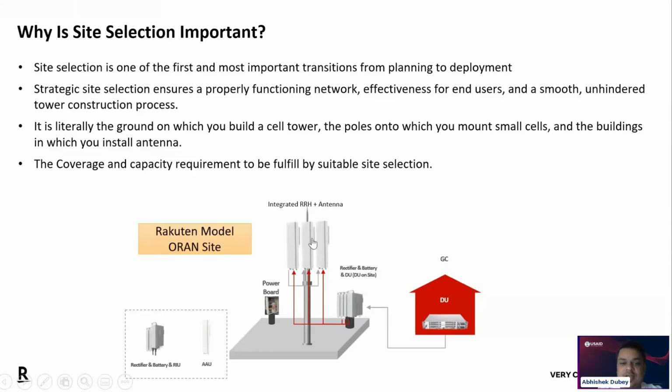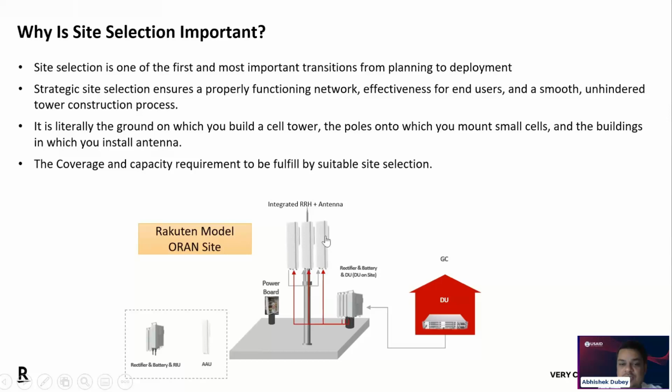This is the antenna, installed on the pole. The antenna is the same as what you have installed in the traditional, and our antennas are integrated with the RU, or ORU, so you cannot see a separate ORU on the cell tower.